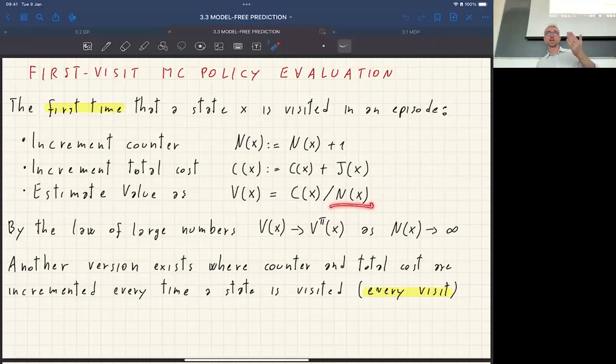Total value divided by number of samples, basically, of that quantity. By the law of large numbers, as the number of times you visit that state goes to infinity, your estimate of the value is going to converge to the real value. You're just estimating an expectation using an average.